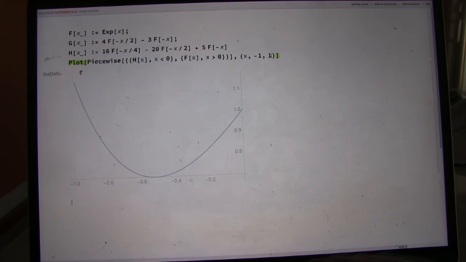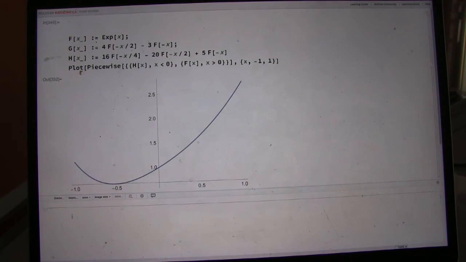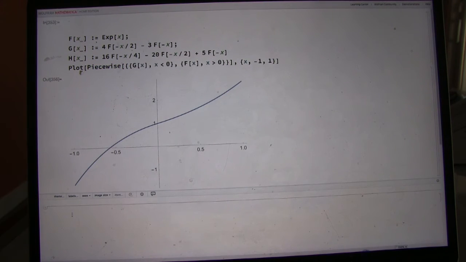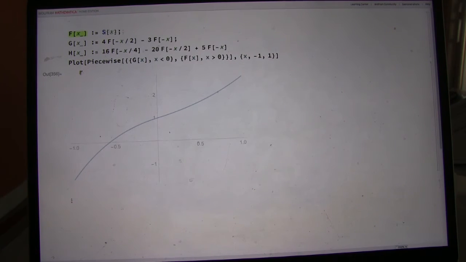So I'll go back to plotting it from -1 to 1. Why don't you pick another function rather than e to the x? Maybe while you're thinking of that, we'll go back to the first order approximation. What would you like to do? You can pick anything you want. Let's do sine x.